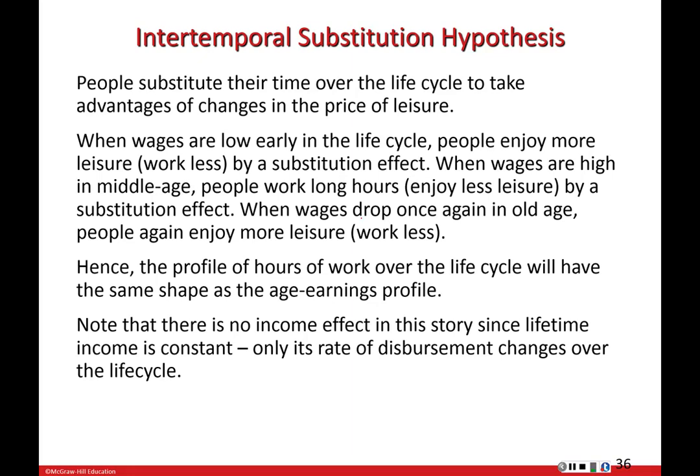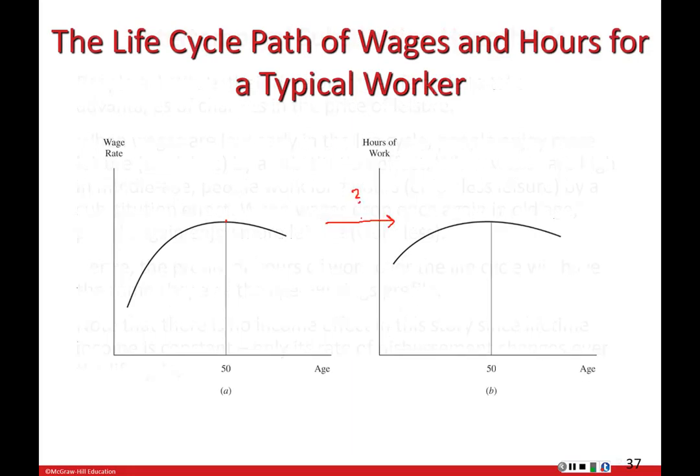You get less when you're young, you get more per year, per hour as you become older, and the rate of disbursement of this pot of money reduces as you become old. So there is no income effect in the story because lifetime income is constant. This is the intertemporal substitution hypothesis, which explains why the trajectory of hours of work is very similar to the observed trajectory of wages.